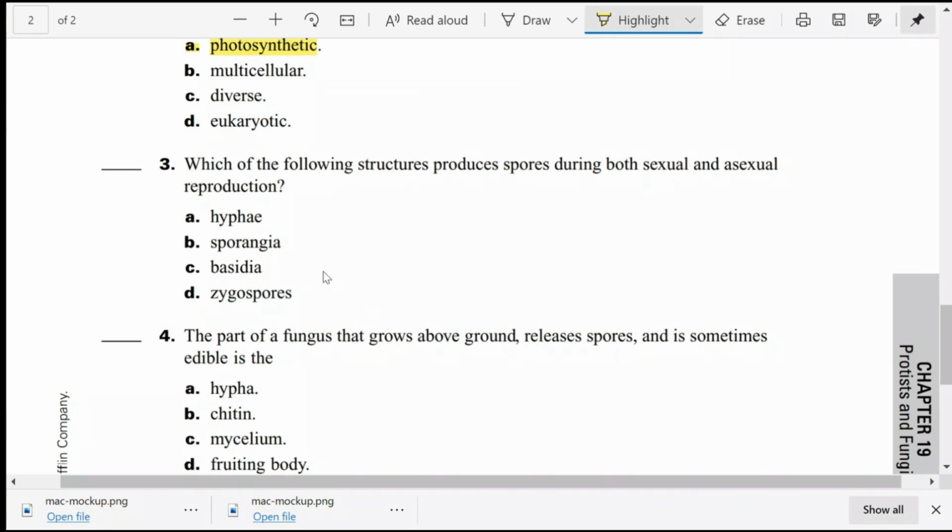Question number three, which of the following structures produces spores during both sexual and asexual reproduction? A, hyphae; B, sporangia; C, basidia; D, zygospores. That's why I mentioned it is a very important point. I'll give you 10 seconds to think about the answer.